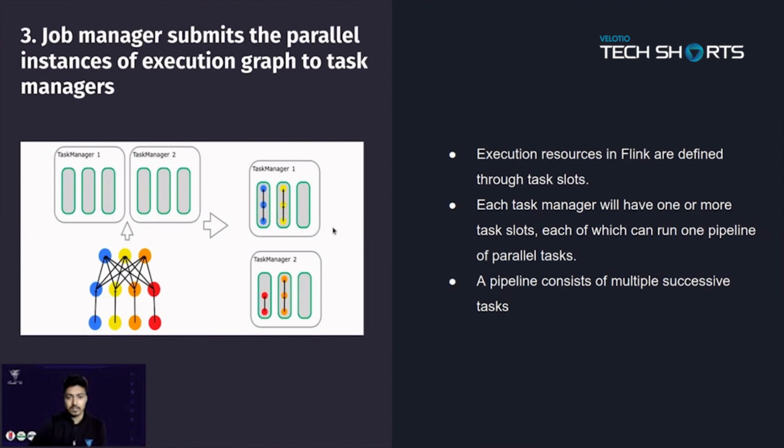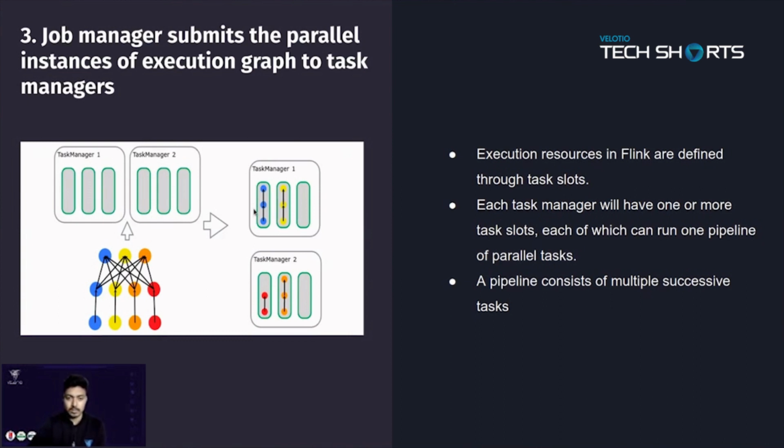Next, the parallel instances are submitted to the task manager. For example, we had a job which connects to the source, performs some transformations, and then sends the data to the sink. But now you can see, based on the parallelism, which is equal to 4, 4 parallel instances are created, which are called execution graphs. Each execution graph is submitted to 1 task slot within the task manager.